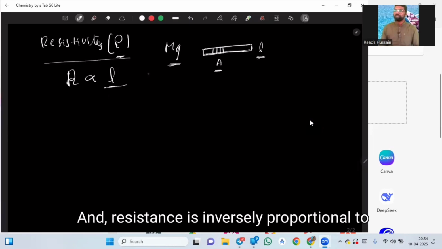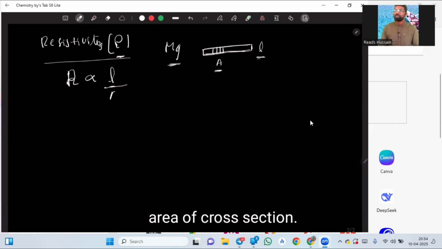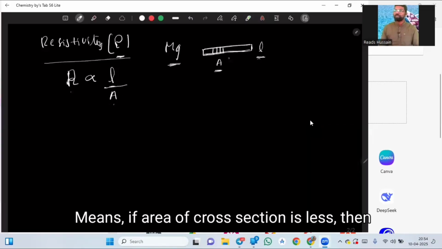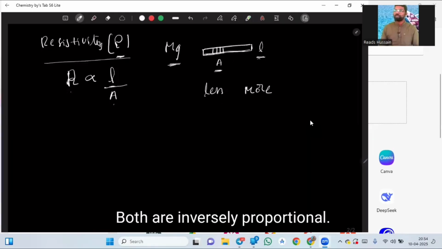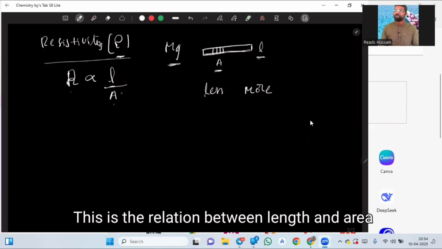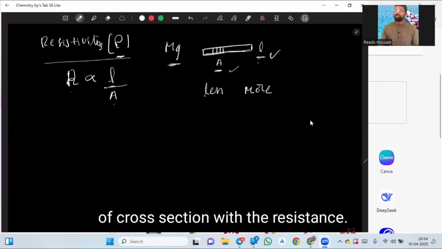And resistance is inversely proportional to area of cross section. Means if area of cross section is less, then resistance will be more. Both are inversely proportional. This is the relation between length and area of cross section with resistance.